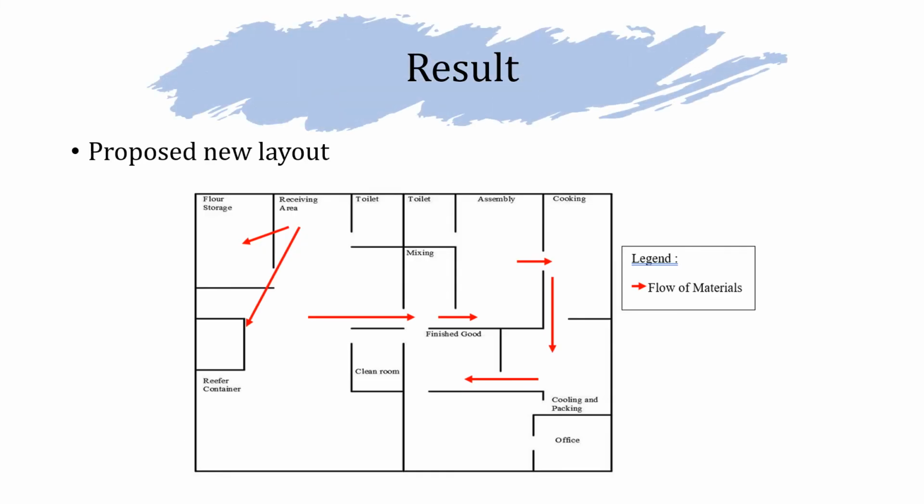This is the proposed layout drawing, which is the result from the analysis of all factors and constraints. After the redesigned layout, they no longer found backtracking and material flow tracking change. The new location of the flour store is next to the fish store, while the assembly area is moved to the middle of the mixing area and cooking area to simplify and ease the movement since each process is related to each other.